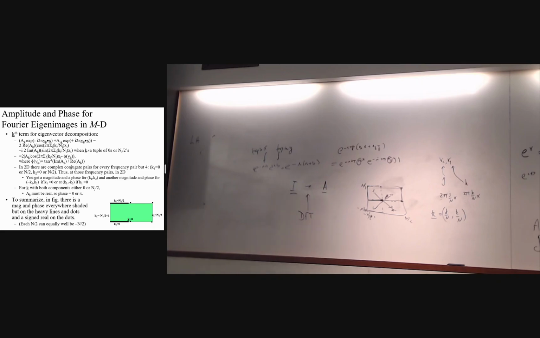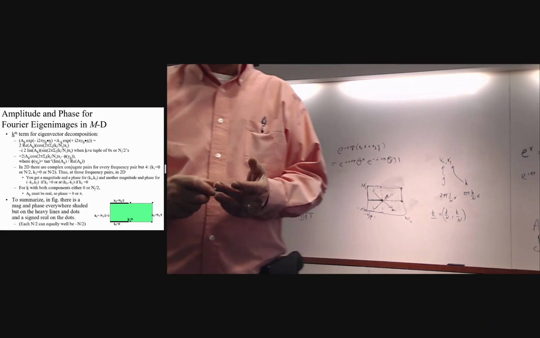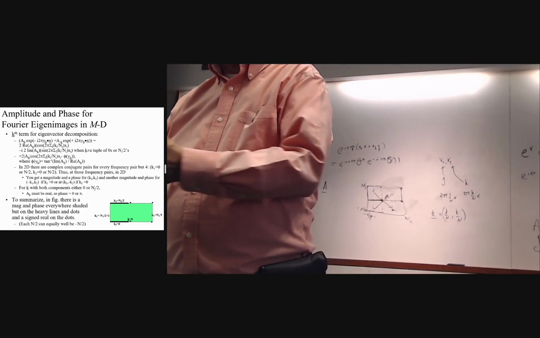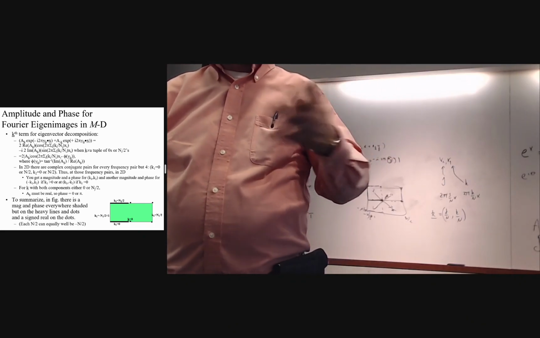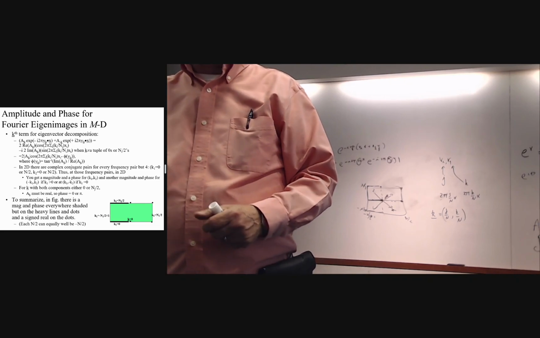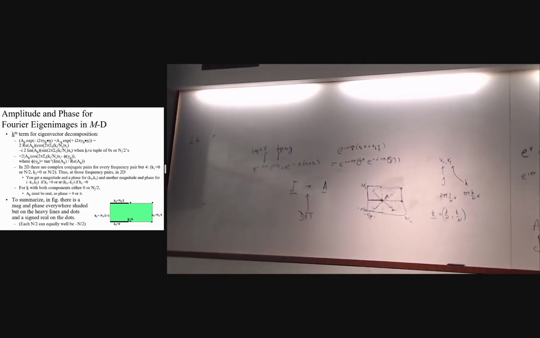The phase is known as 0 or pi. They're plus or minus 1. It's a funny kind of magnitude. It's really not a magnitude, because if the magnitude's negative, you wouldn't call it a magnitude. But we're going to let, at those places, the magnitudes be negative. Okay.